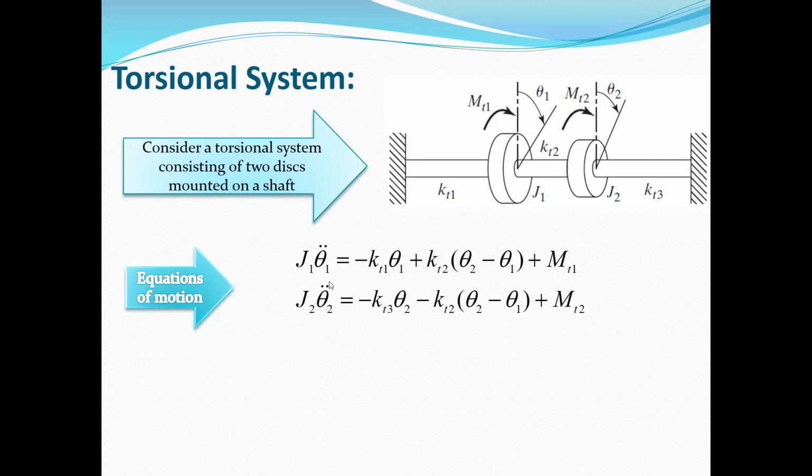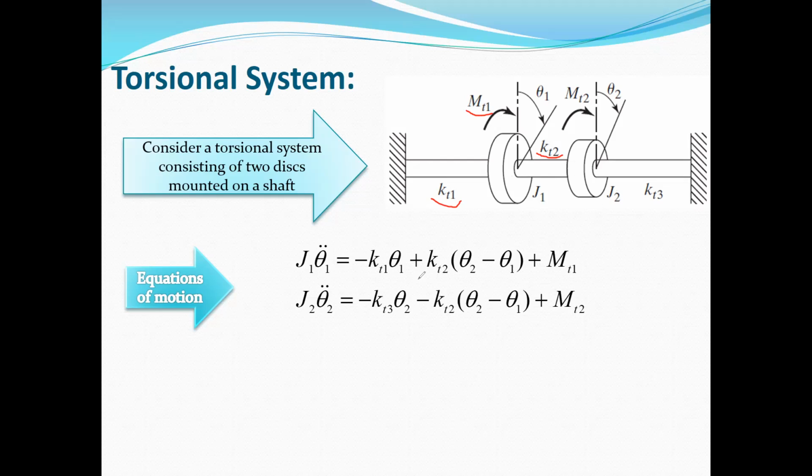As you can see, J1 times theta 1 double dot, where J1 is the mass moment of inertia for the first mass, and minus KT1, where KT1 is the torsional stiffness for the equivalent spring on the left side of the mass J1, KT2, which is the torsional stiffness for the equivalent spring located between the mass J1 and J2, and plus MT1, where MT1 is the external moment applied to the mass J1.